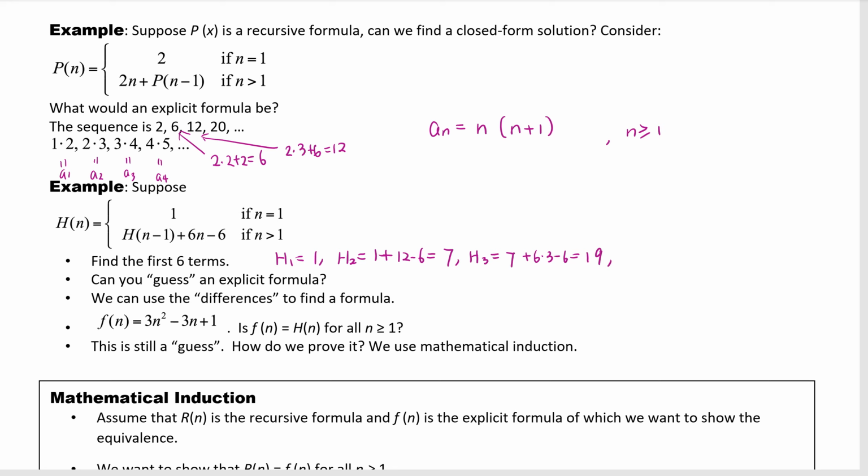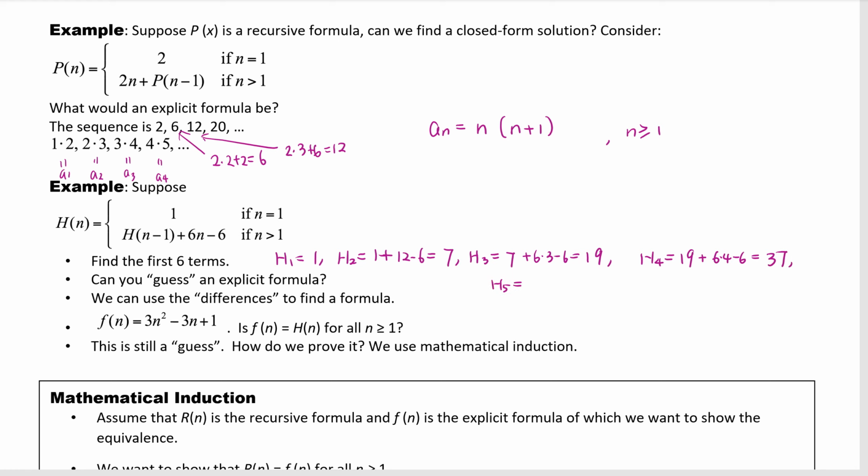And then next we have H4. H4 is 19 plus 6 times 4 minus 6. So that's 6 times 3, 18. 18 plus 19 is 37. Okay, almost there.